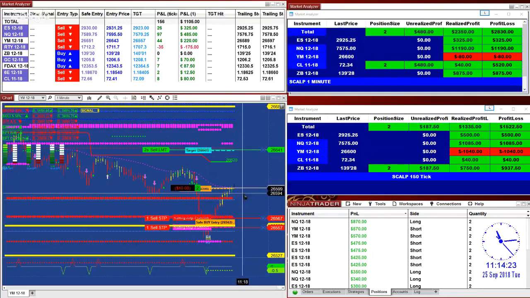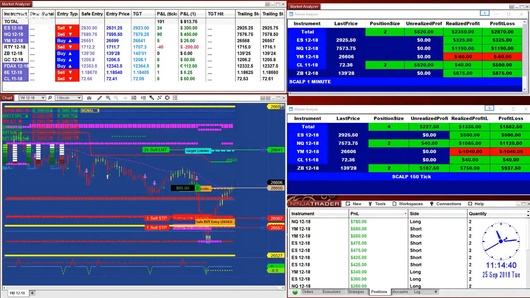A new signal right now on the YM long, 66 level. New signal. Good, I caught it on time.